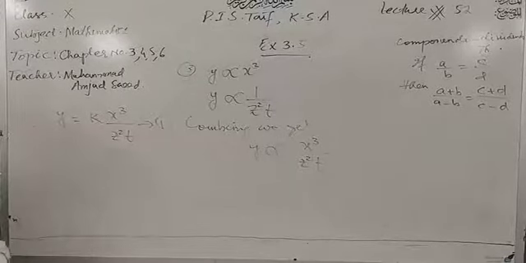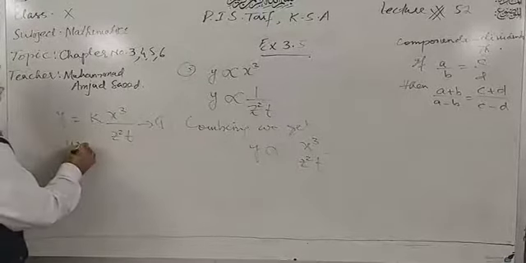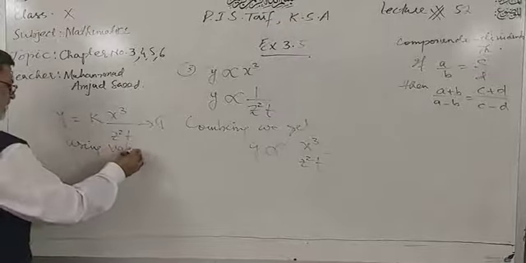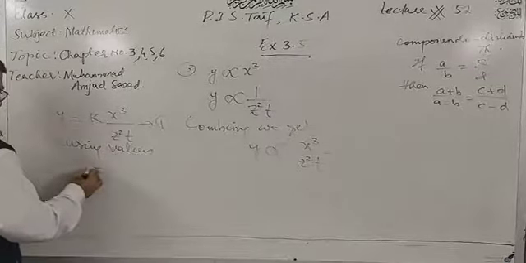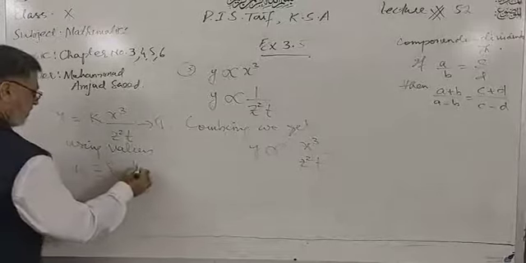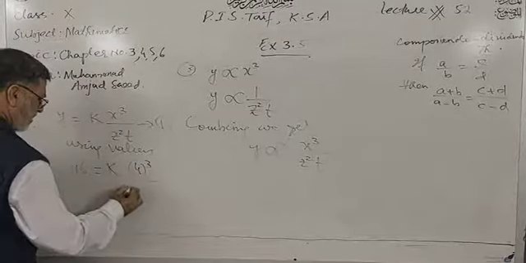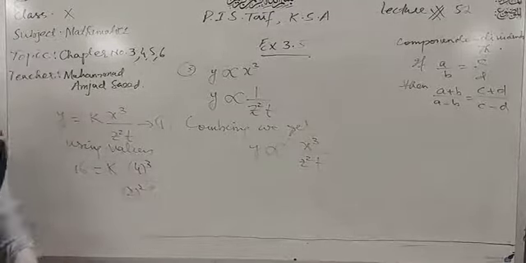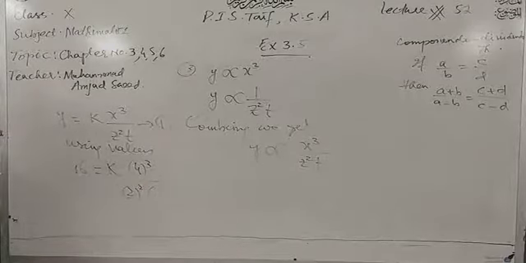y is equal to 16, using values. y is equal to 16, x is equal to 4 and z is equal to 2, so 4 cube, 2 square and t is 3.